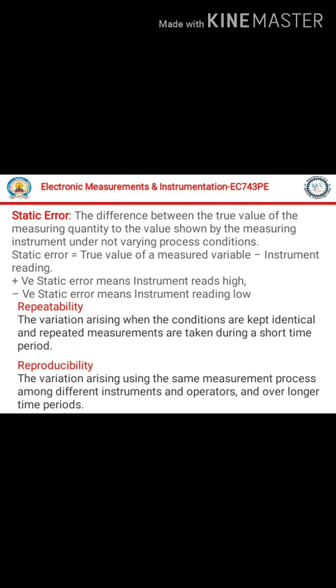If you are able to get the values repeatedly only after setting up the experiment, that time it is called repeatability. So if any instrument gives good performance only for a short time, it is repeatable. If any instrument gives good performance for a long time, it is reproducible.